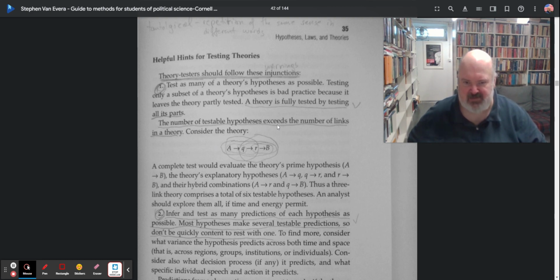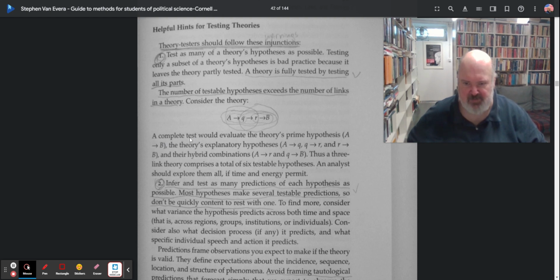The number of test hypotheses exceeds the number of links in a theory. Consider the theory A to Q to R to B. A causes Q, causes R, causes B. A complete test would evaluate the theory's prime hypothesis, A causes B, the theory's exponential hypotheses, A to Q, Q to R, and R to B, and the hybrid combinations, A to R, and Q to B. Thus a three-link theory comprises 6 testable hypotheses.